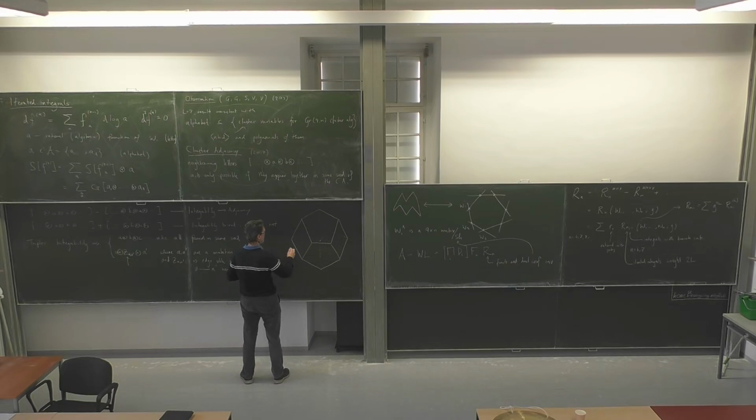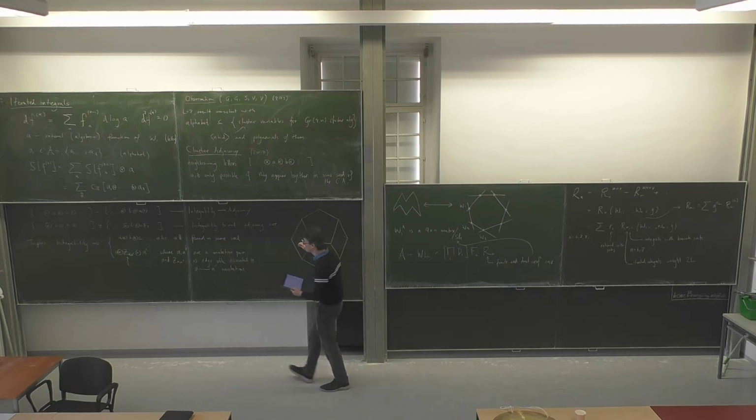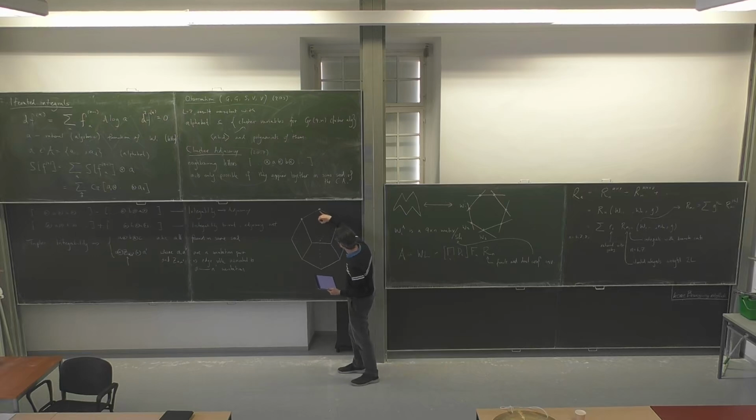And then each face corresponds to a cluster variable. So if I start here in some seed, and I mutate away from this face, I go along this edge up to this corner, which is this seed. And then this corner retains 2 of the faces that were shared by this initial seed, but it loses the one that I mutated, and it gains its mutation partner, which is here.